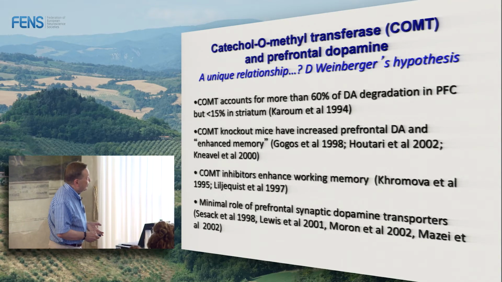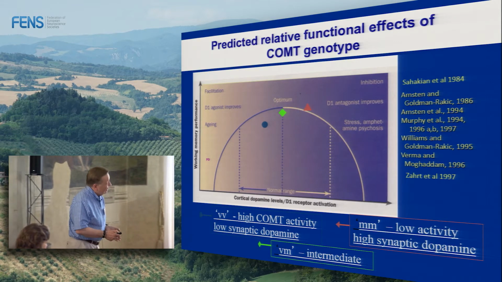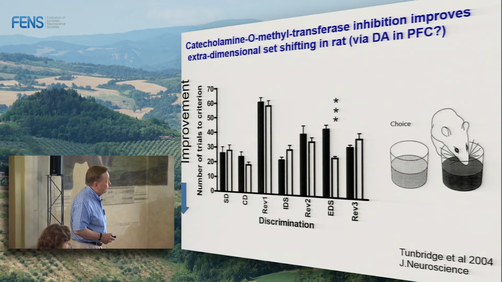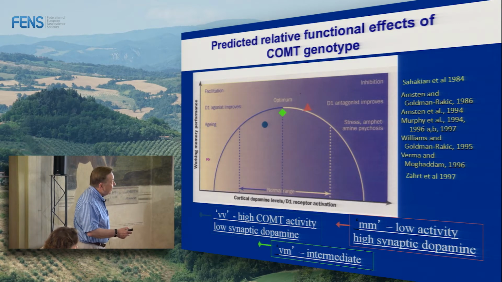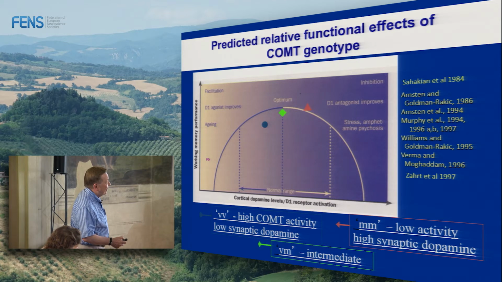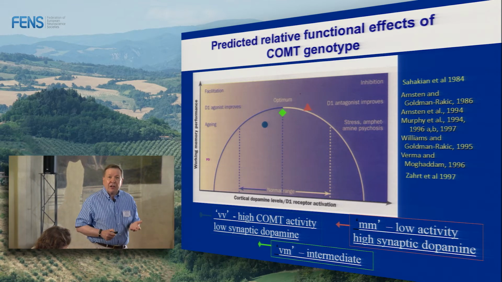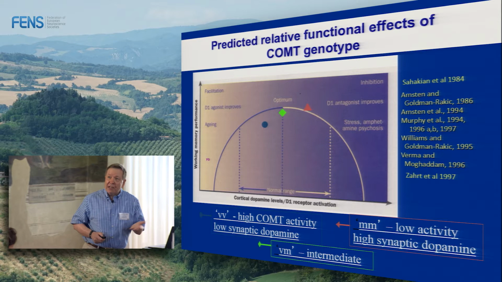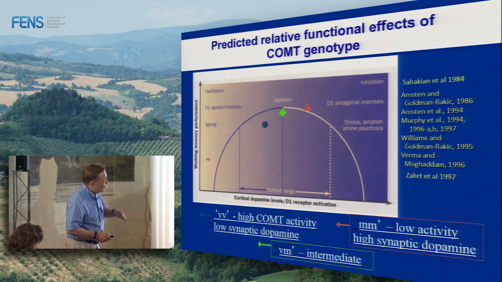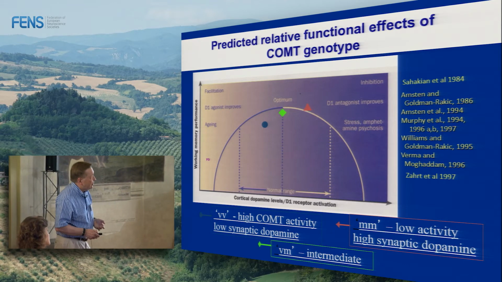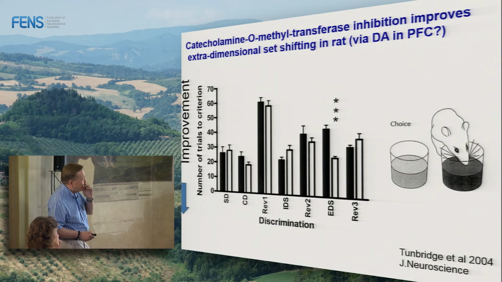And there is some evidence to support this, and again it devolves around this type of function, that those subjects with MET alleles tend to show improved working memory performance and also improved aspects of cognitive flexibility, whereas those with low dopamine in frontal cortex tend to show impaired working memory. So there's another genetic modulation of this system which we need to take into account.